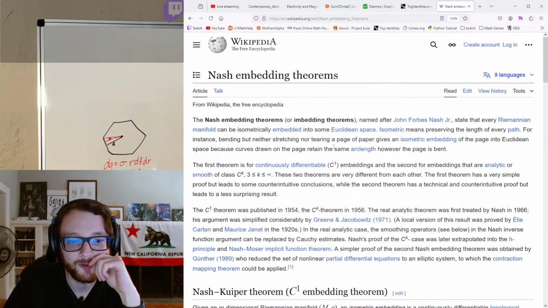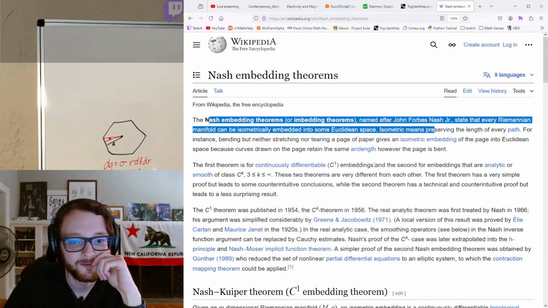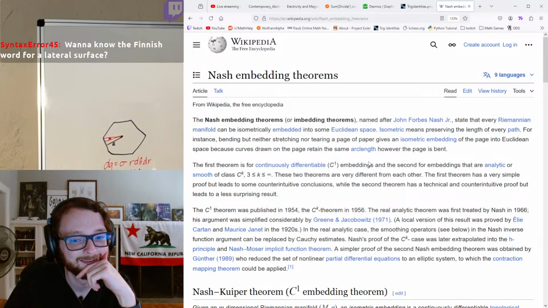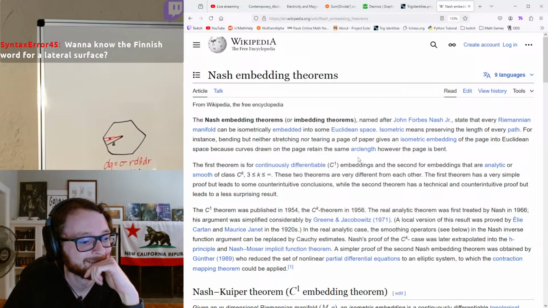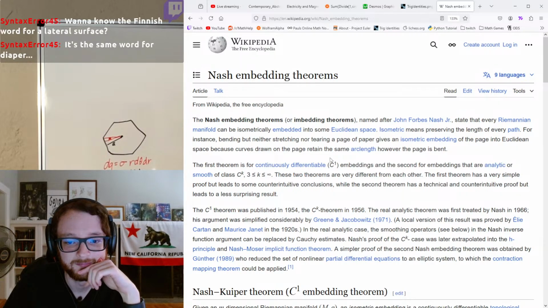Yeah, I believe that is cool. I hardly even know how to read this summary here, though. The Finnish word for a lateral surface? Sure, syntax. Yeah, I'm sorry, Sanjay, that I'm not able to help you out with this, but I'm sure it is something cool if I was able to understand it.